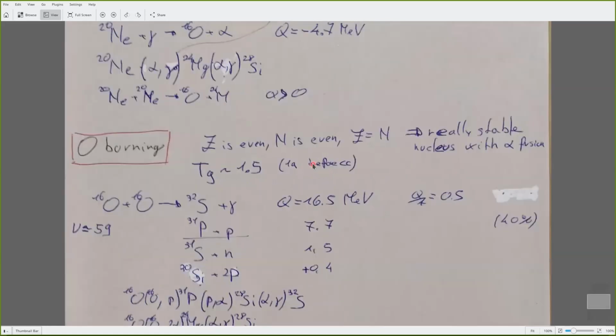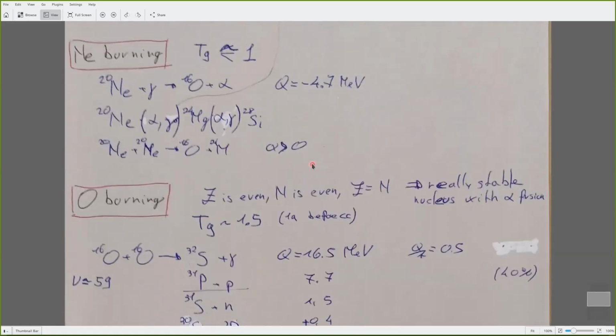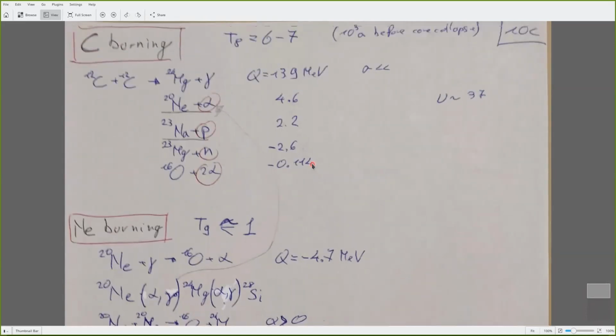And now we are entering the dead series of reactions, because the carbon burning, which needs a higher temperature, 6 to 7, is essentially the end of the star. When the star starts to burn the carbon, its life will end with core collapse.